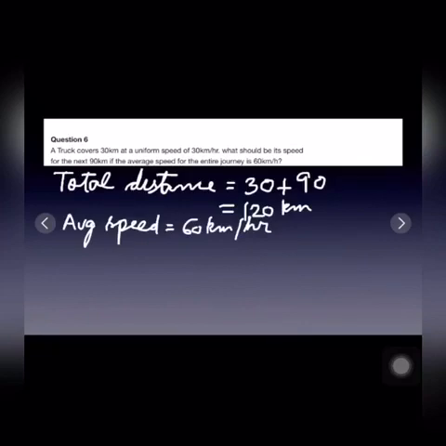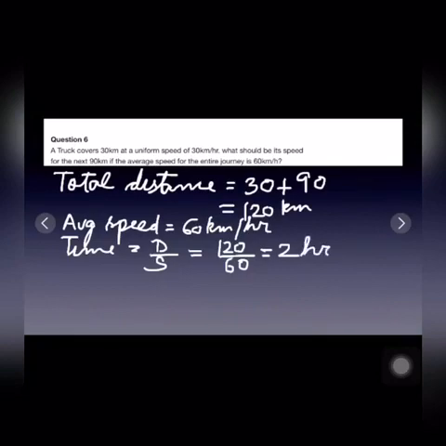Now time is given to you. Now from here we can find out the time, because time is equal to distance upon speed. So distance is 120 and speed is 60, so we get average time as 2 hours.